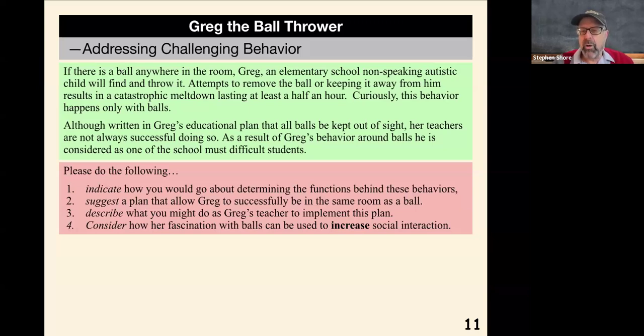And that would be to walk into the room with a big box or bag of balls, big ones, little ones, different colors, different materials. And the first thing I would do is go to Greg and say, here, and give it to him. And what would he do? He grabs it and throws it. That's what he does. Let's keep doing that until I build up a system or a routine.